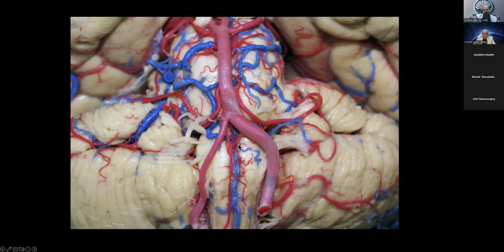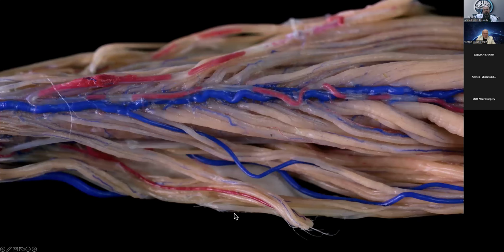They are giving rise to the anterior spinal artery that is running on the anterior side of the spinal cord. I'm going to show you some pictures of this beautiful anatomical region of the human body.